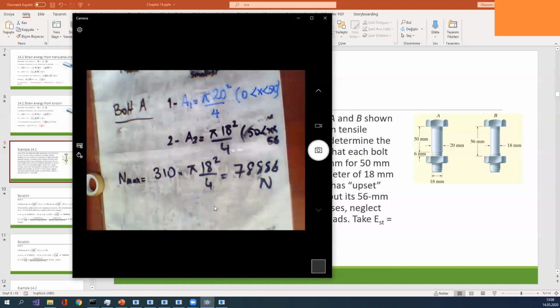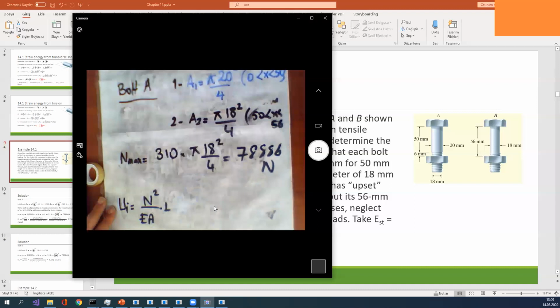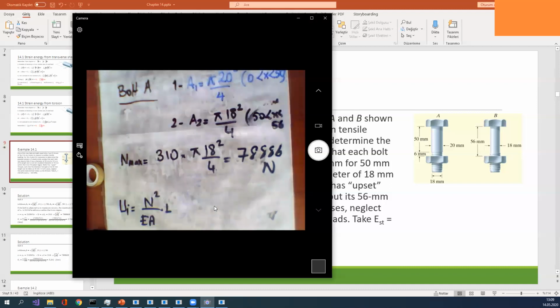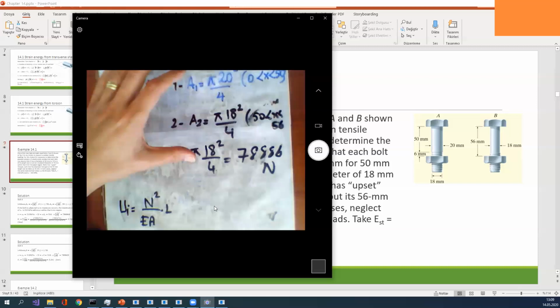So what is our formulation? You remember that U is equal to N squared L divided by 2EA. But here we have two parts, therefore I have to use different sections.